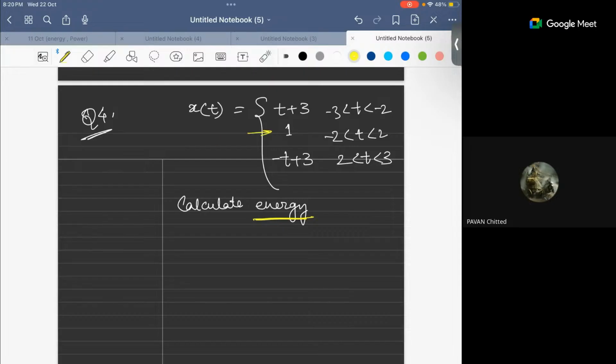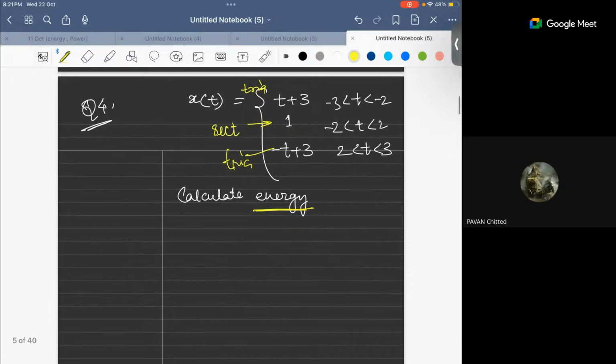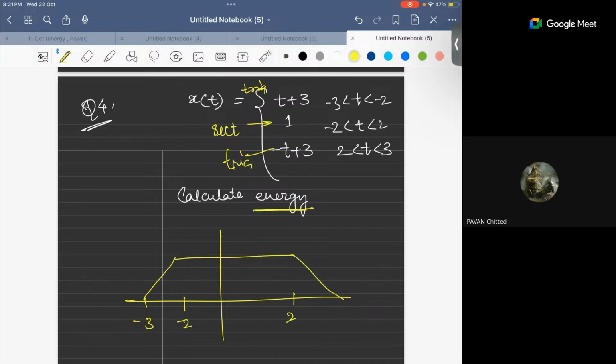This is a rect function, this is a triangular function, right? So this again is a trapezium. From minus 3 till minus 2 it is going like this, and then from minus 2 to 2 the value is constant and then it is declining. So this is a trapezium signal, and then we already calculated the energy.